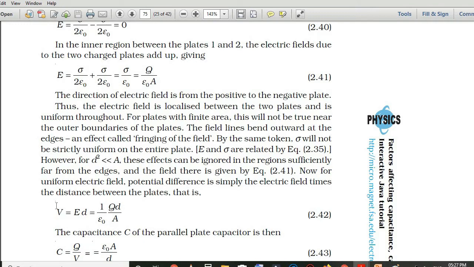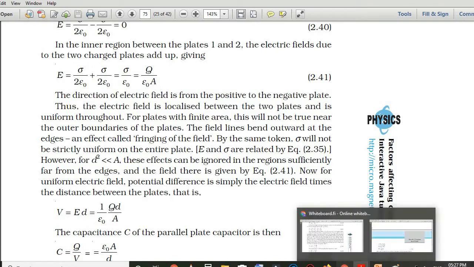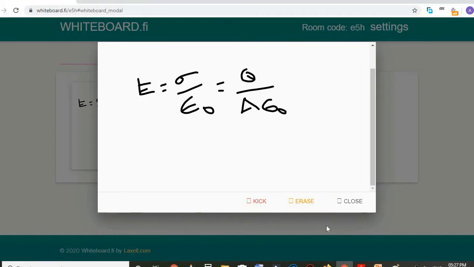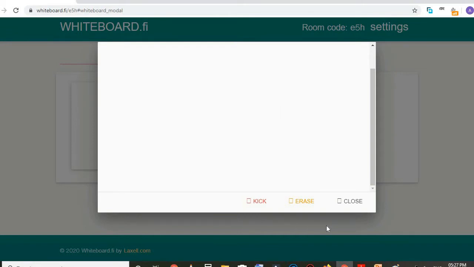Now, we shall discuss the relation between electric field and potential. We have already studied in the last class, E is equal to V divided by D. Here, D is the separation between those two parallel plates. Therefore, V is equal to E into D.